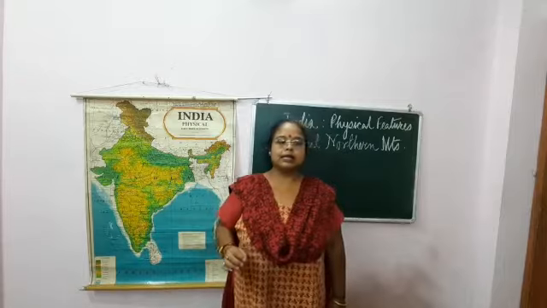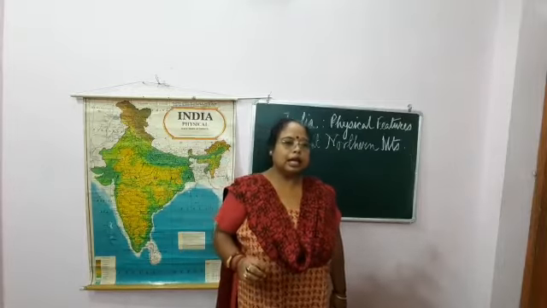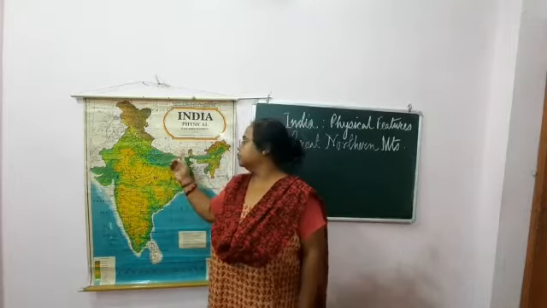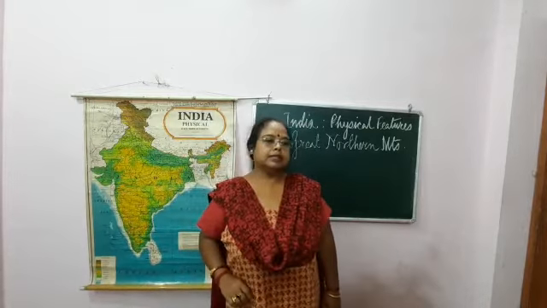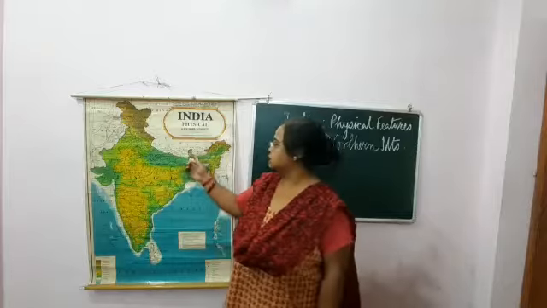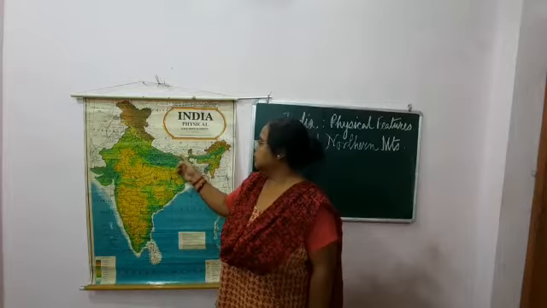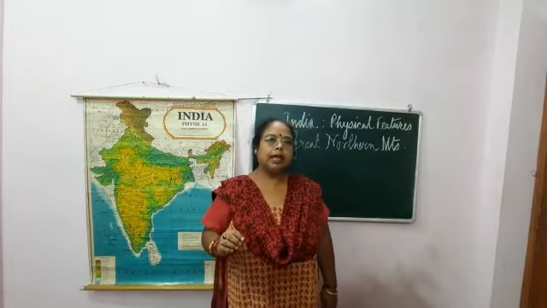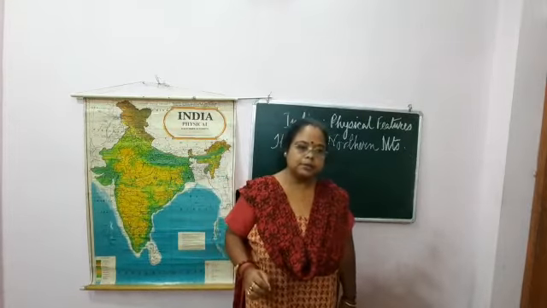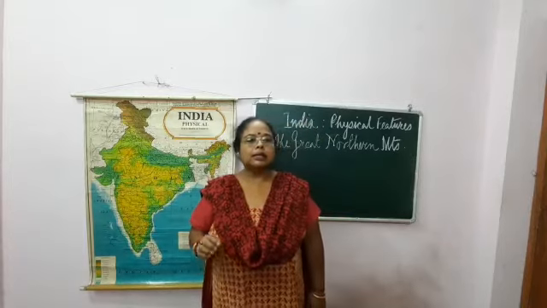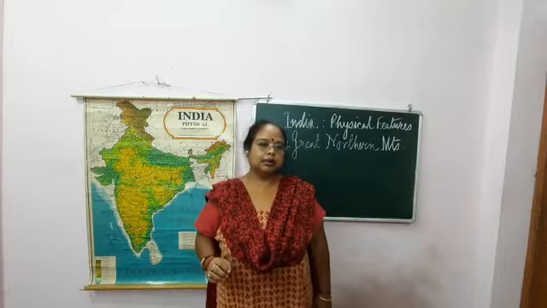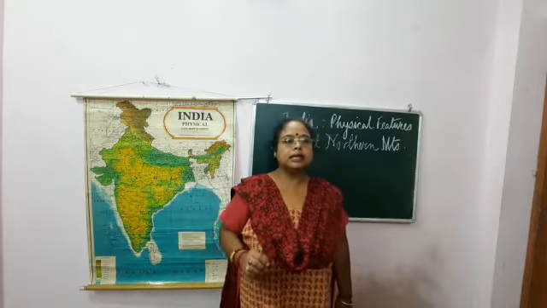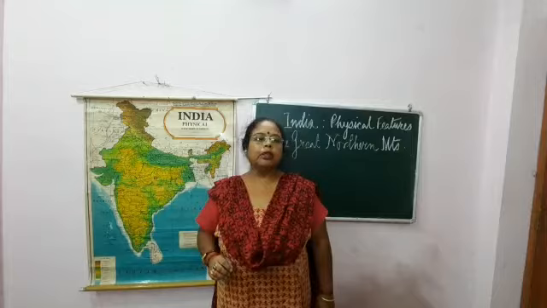Mount Everest's height is 8,848 meters, in Nepal. And Kanchenjunga is also just beside, with a height of 8,598 meters. It is the world's third highest peak, and it is situated on the Sikkim-Nepal border.